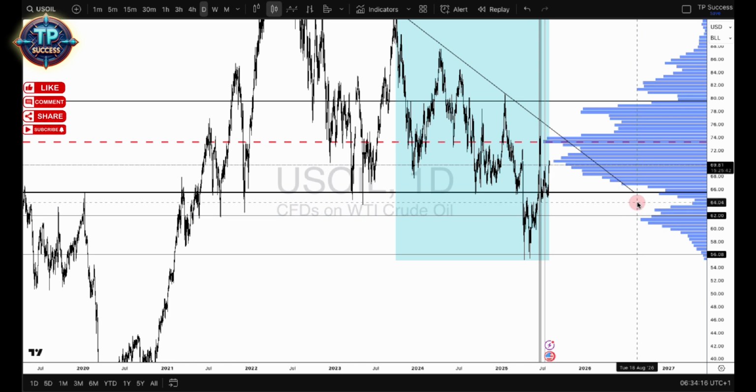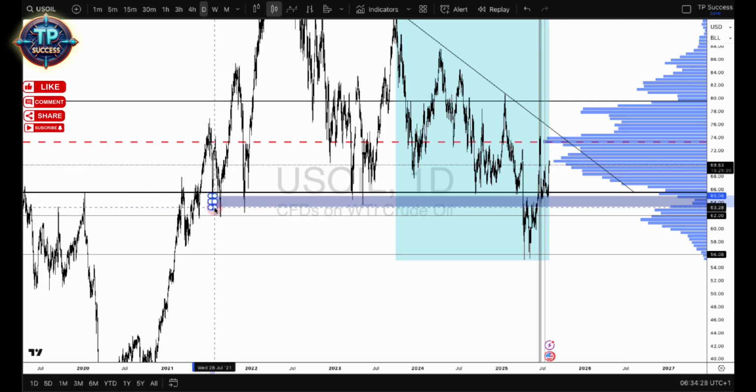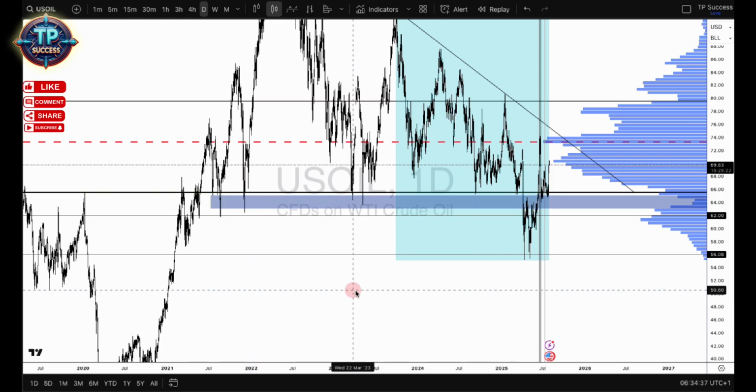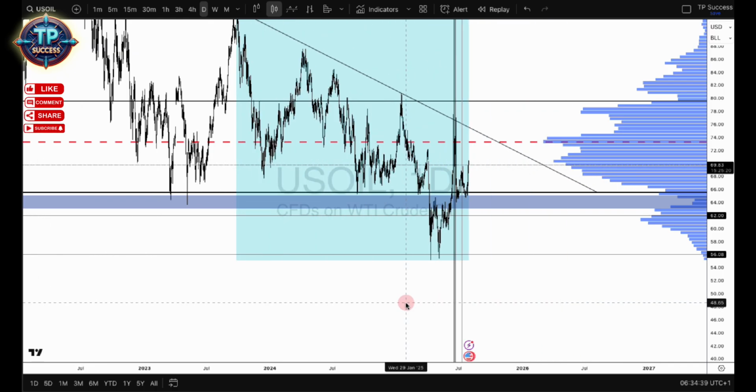Our support, I could make it 64 because we have a low volume node in this area right here. So I'm actually going to cover that location with a zone. So now the zone kind of makes a fair bit of sense right now, right?